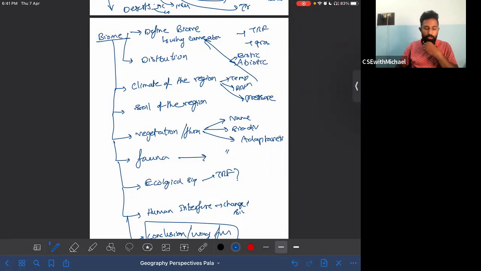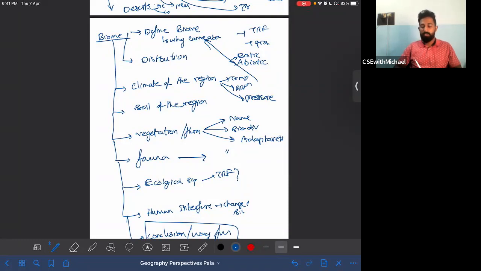Their distribution is strongly correlated with regional climatic patterns. They correspond with the ecozones of the region.